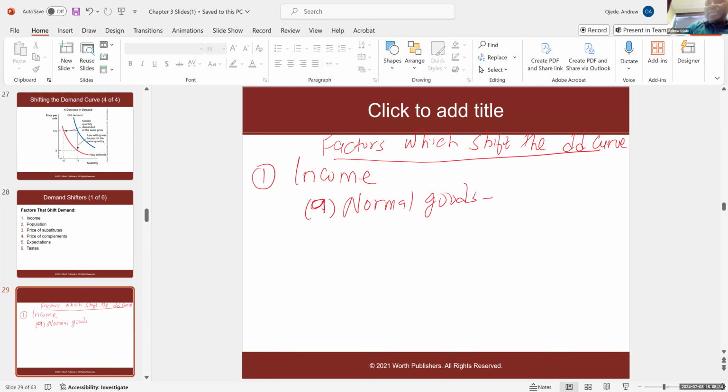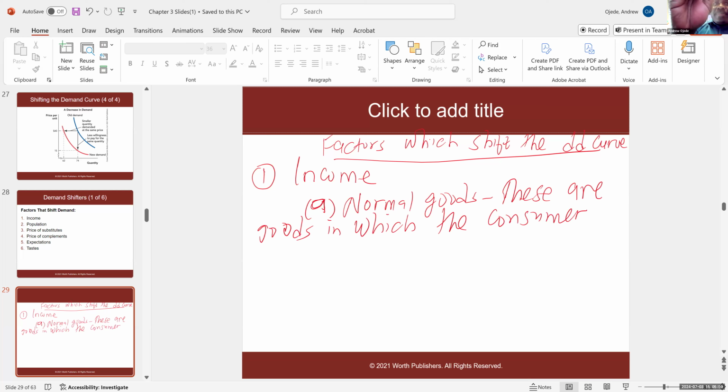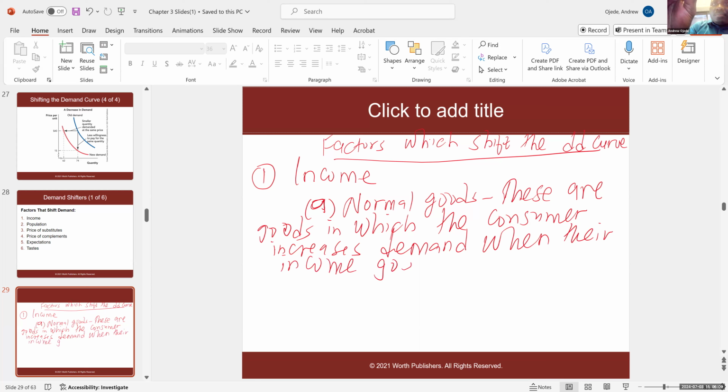Normal goods are goods in which the consumer or the buyer increases demand when their income goes up, and vice versa.